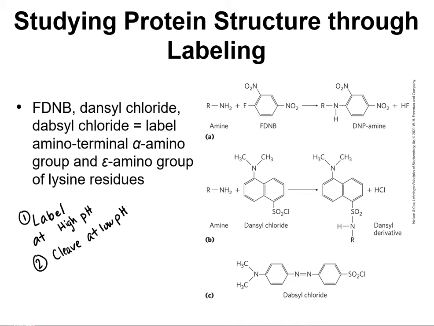And taking advantage of the difference in pH means that you can have labeling complete 100%, and then change the pH and have cleavage 100%.